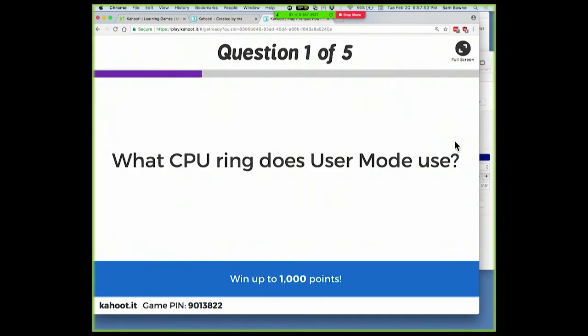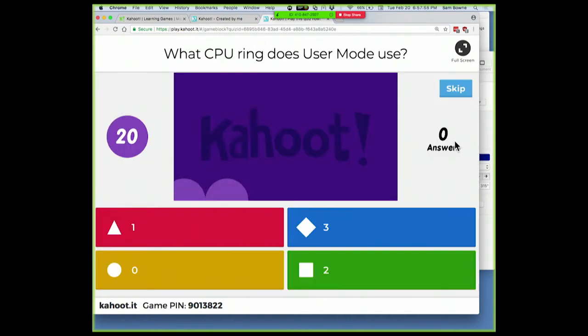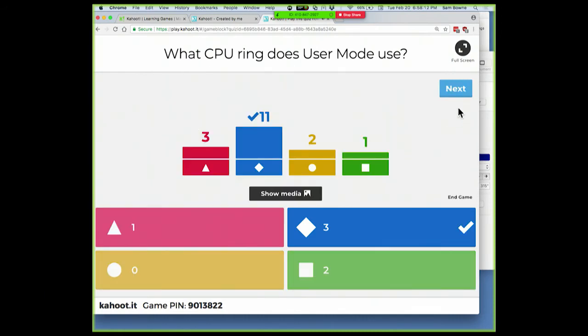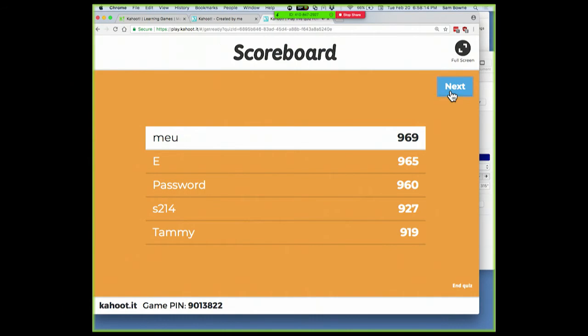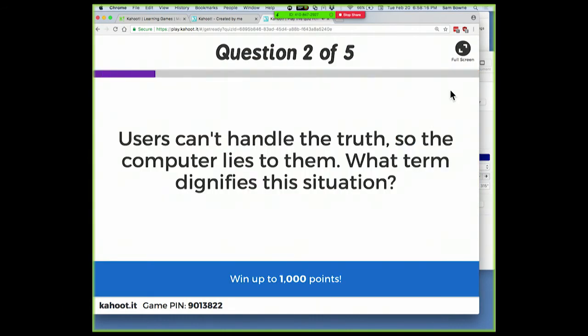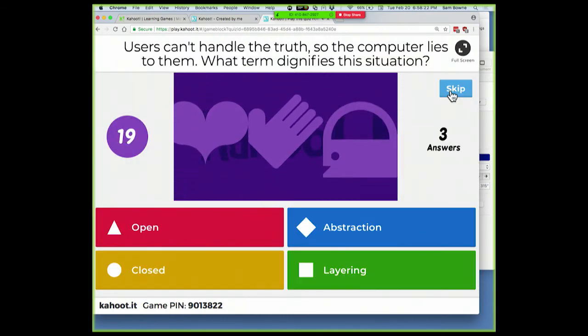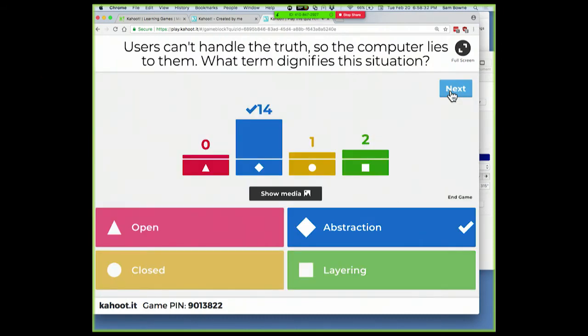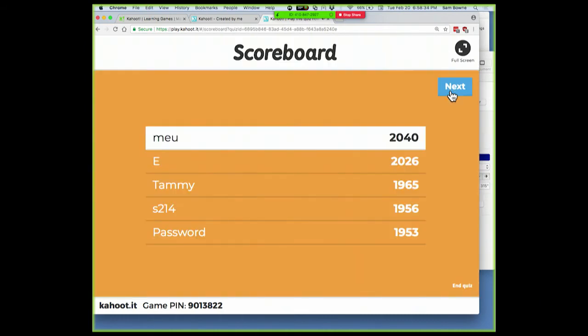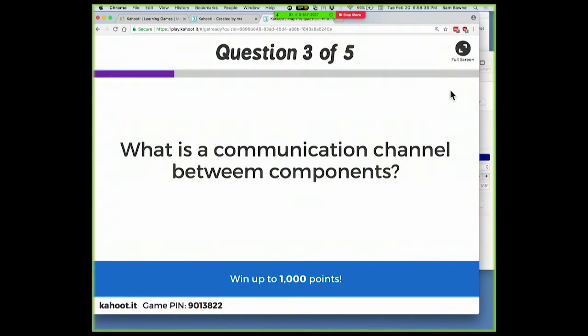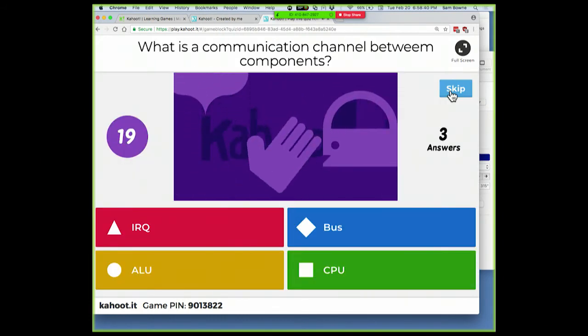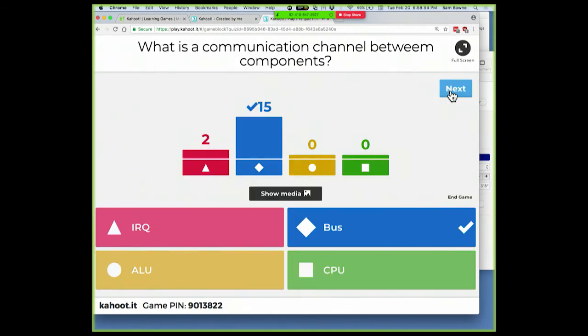Okay, what CPU ring is user mode? That's ring 3. All right. Users can't handle the truth, so the computer lies to them. What is the term for that? That's abstraction. All right. What's the communication channel between components? That's the bus.